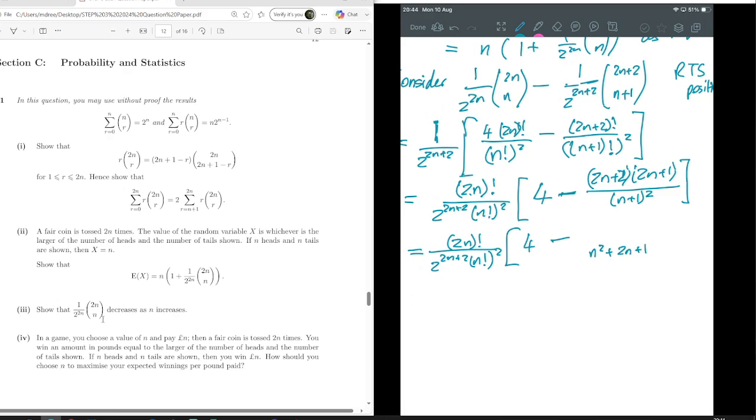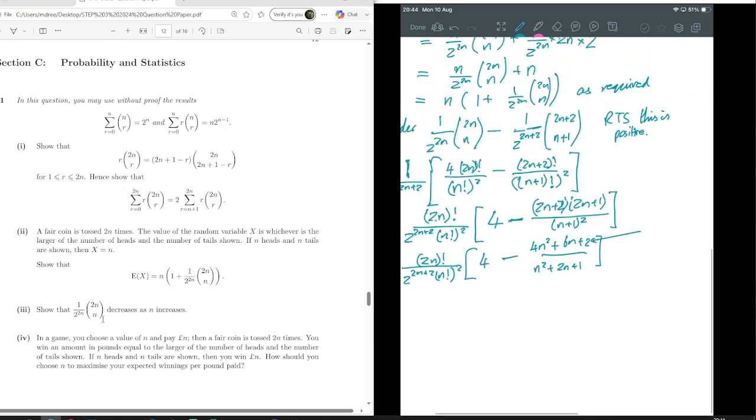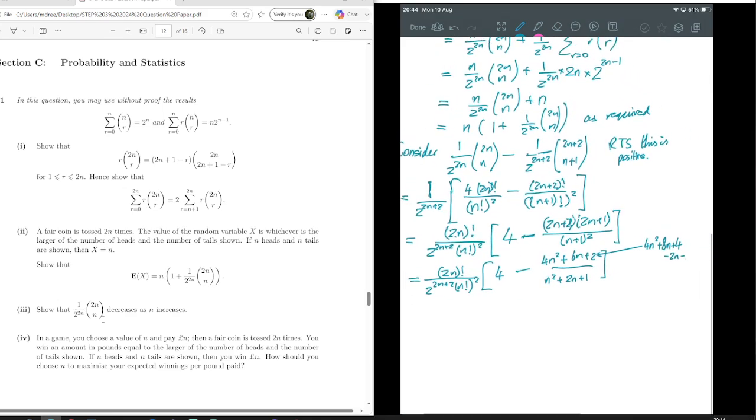The numerator is 4n squared plus 6n plus 2. And I'm going to do something really silly with that numerator. I'm going to write it as 4n squared plus 8n plus 4, which is just 4 lots of the denominator, minus 2n minus 2.